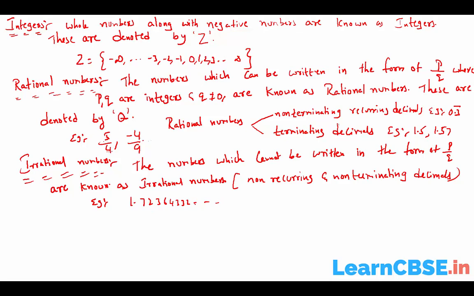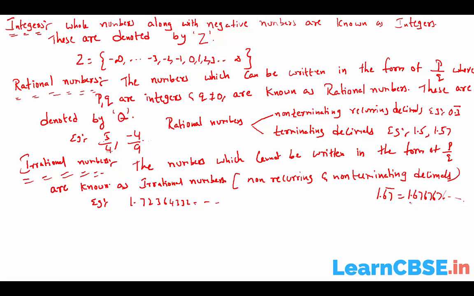But in recurring decimals, you can write, see, 1.5 bar, that means 1.555, or 1.67 bar, that means 1.676767 is repeating. It is non-terminating, but there is a pattern repeating. You can say here 67, next one 67. So some sort of pattern is repeating here.